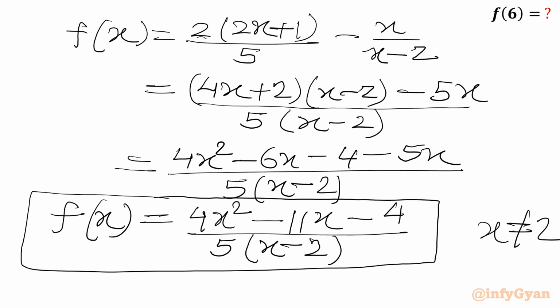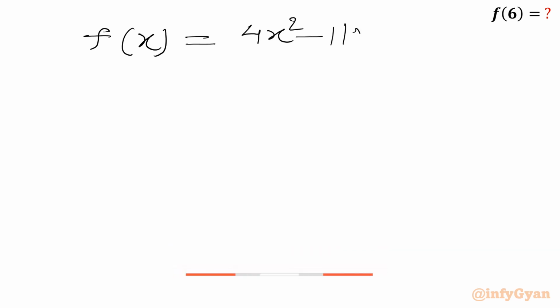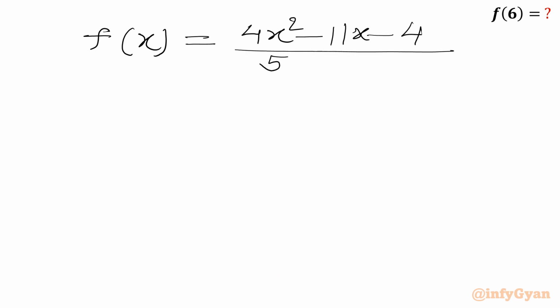Now we have to find out f of 6. So we will put x equal to 6. Let me write here f of x, this is equal to (4x squared minus 11x minus 4) over 5 times (x minus 2).